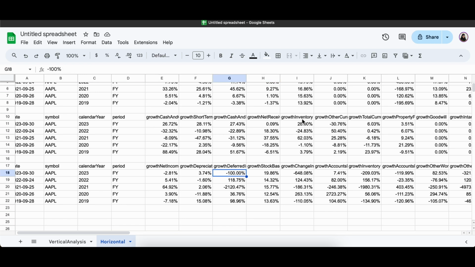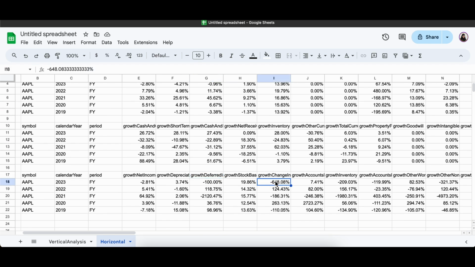Well, first, we have this deferred income tax 100%. It's a change from the previous year. It's a 100% decrease. It may indicate some complete reversal or settlement of tax liabilities, deferred tax liabilities. Maybe some tax regulation happened, or there was some kind of a tax benefit, I don't know. So you should investigate it closely. You should go to the financial statement and see the auditor's report.